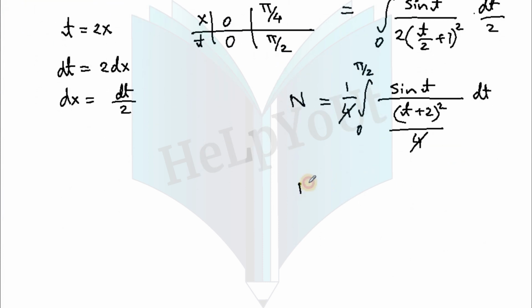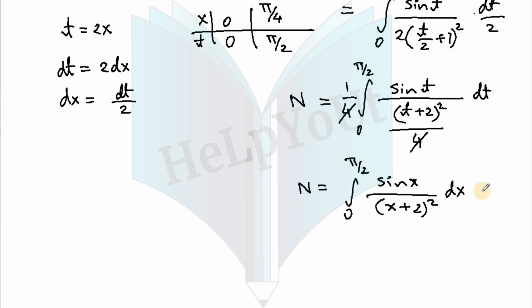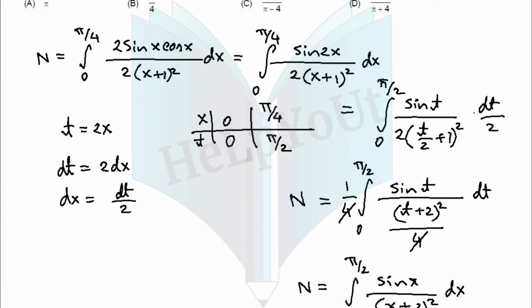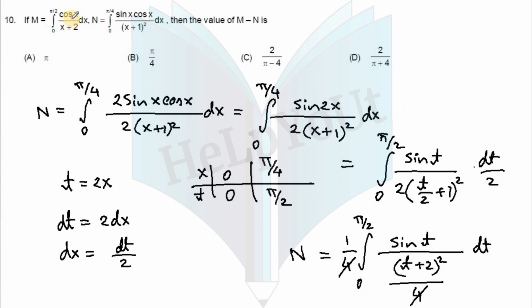So now let's change the variable for n, and let's make it x again. So sin x, x plus 2 square dx. Now we have sin x here, and for m we had cos x here.